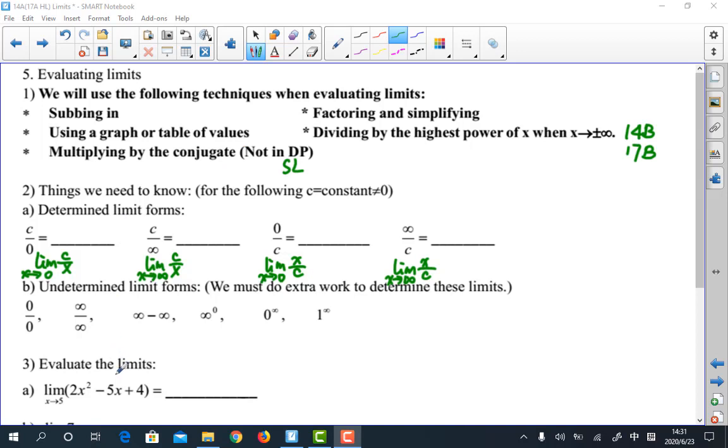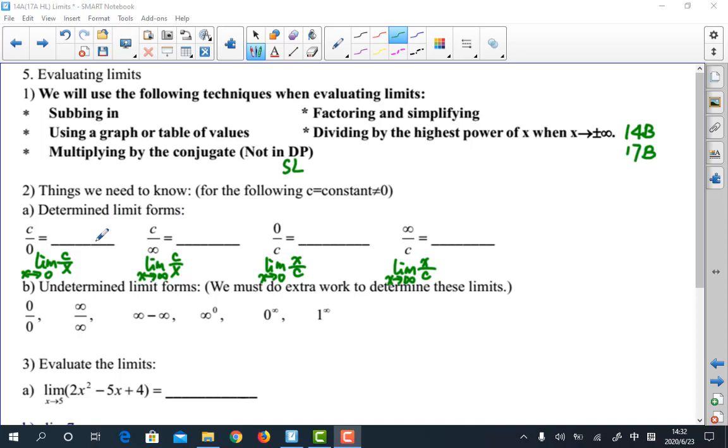Before we evaluate the limits, we also need to know some important things. The first one we need to know is to determine the limit forms. We look at the form of the representation of a function. We can predict whether this limit can be determined directly or not.